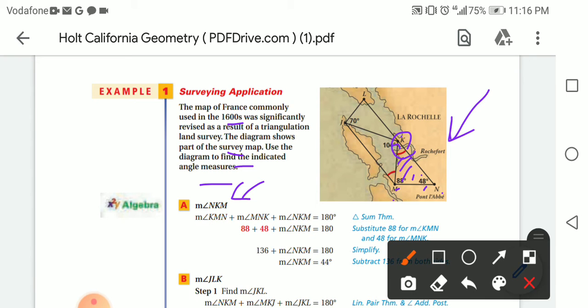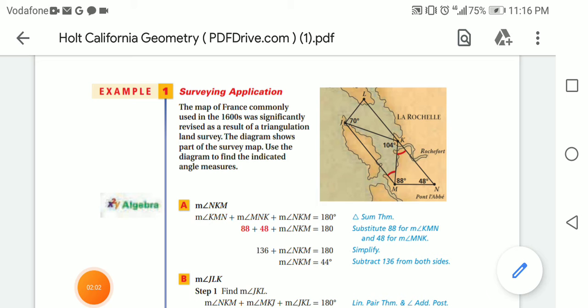So what we will use is 88 plus 48, and the sum of them will be subtracted from 180 degrees to find that the last one will be 44 degrees, of course.